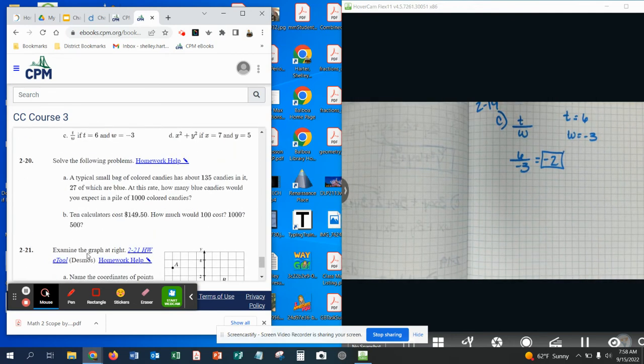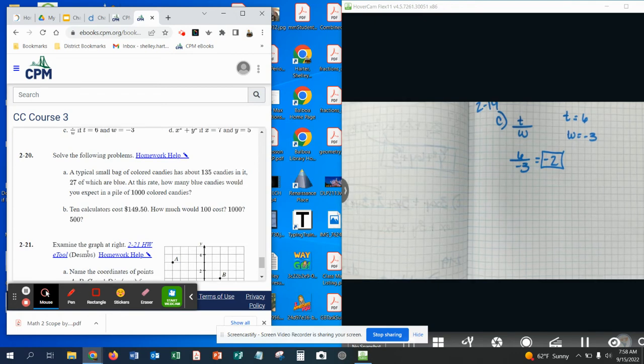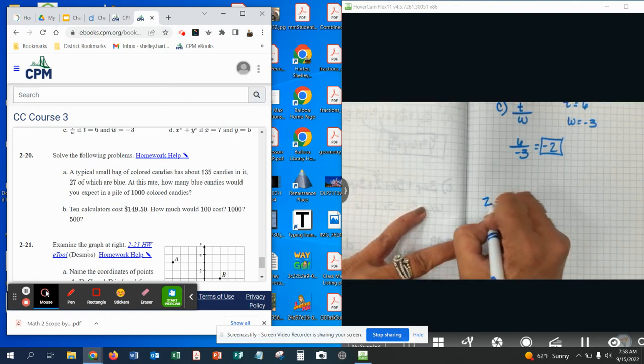And the last one is 220. Solve the following problems. A typical small bag of colored candies has 135 candies in it, 27 of which are blue. At this rate, how many blue candies would you expect in a pile of 1,000 candies? All right, perfect. This is a proportional relationship.